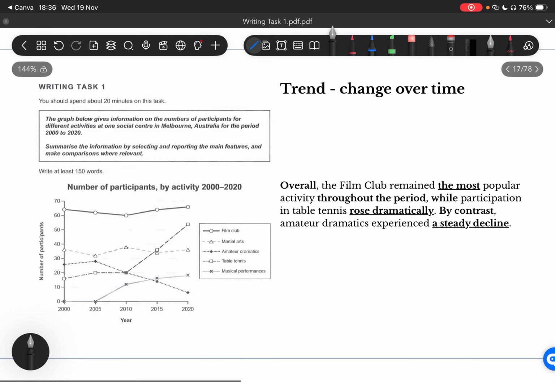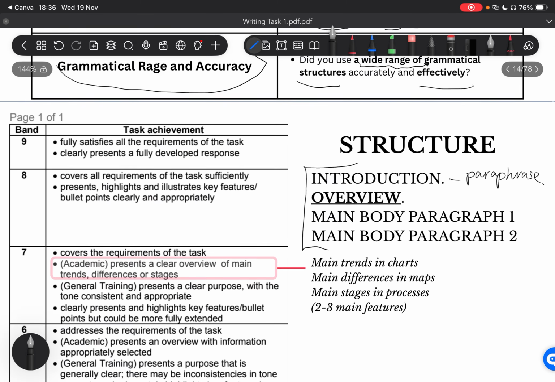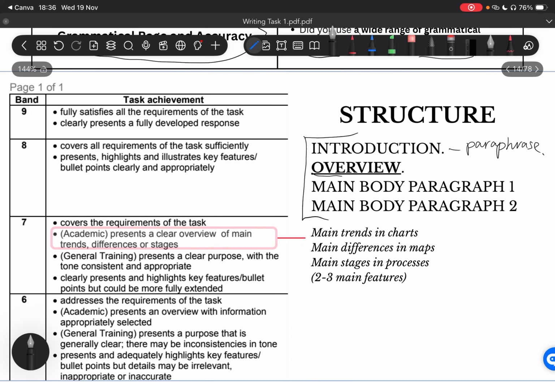Next, let's talk about the next part of the structure, which is an overview. What is an overview? It was mentioned in band 7 here. And band 6, we have presents an overview with information appropriately selected. Whereas here it says a clear overview of main trends. So it's up to you.